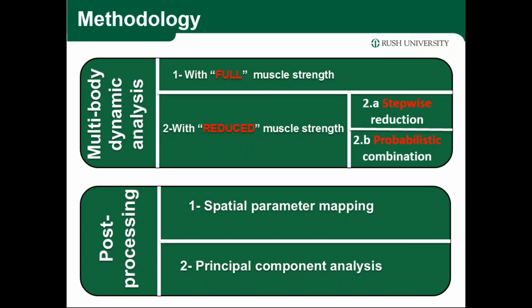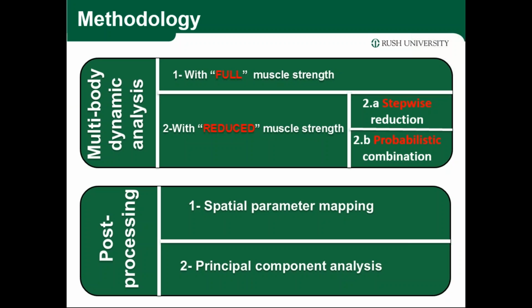And then how do they react to any muscle strength reduction? The muscle strength reduction can be performed in two ways. Stepwise reduction, where we reduce the muscle strength in steps of 1% or 2% until the model is completely impaired and cannot walk at all.